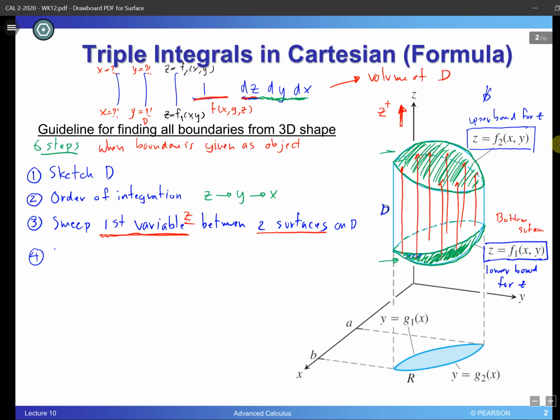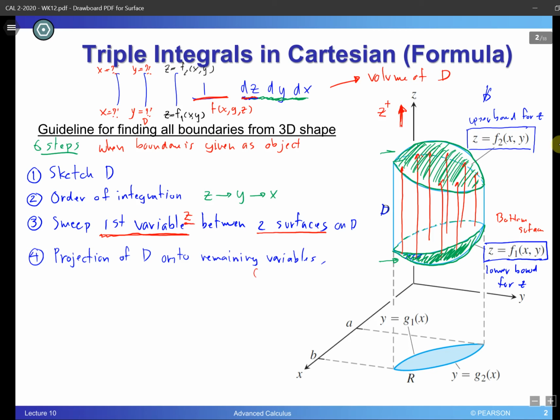Okay, so next thing, we are supposed to find the projection of this object of D onto the remaining variables. And in this case, we have worked with the z, so the remaining variables are going to be x and y.